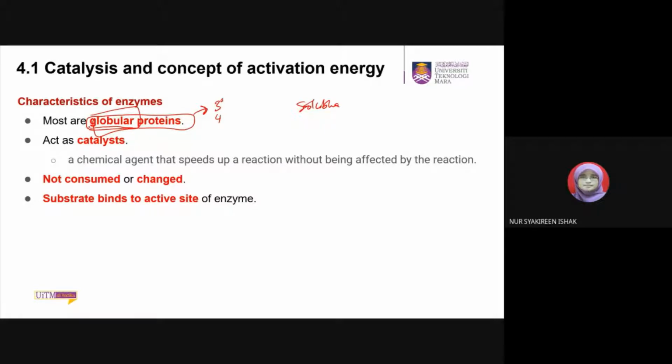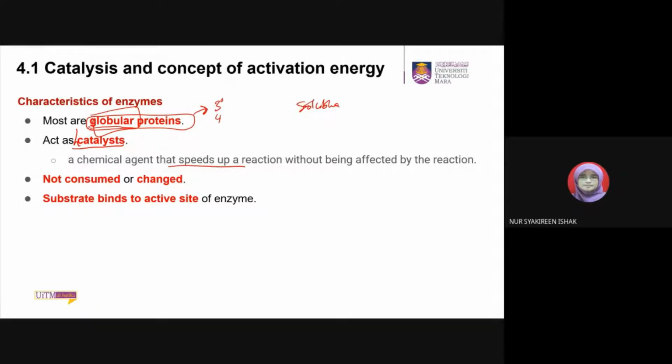So they act as catalysts, which is a chemical agent that speeds up a reaction without being affected by the reaction. If the enzymes are found in living cells, we call it a biological catalyst.